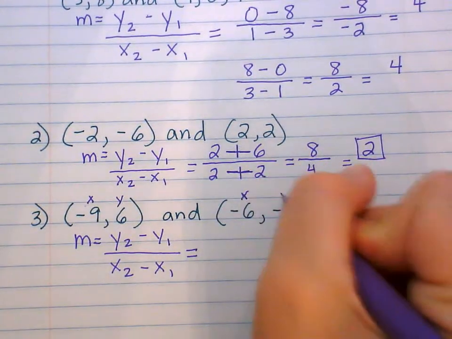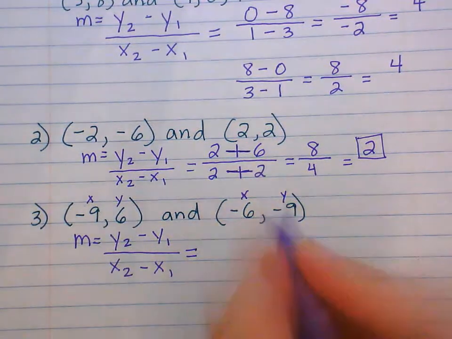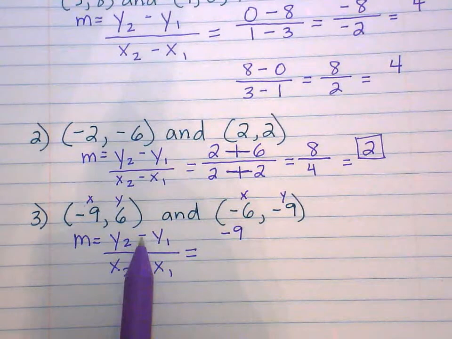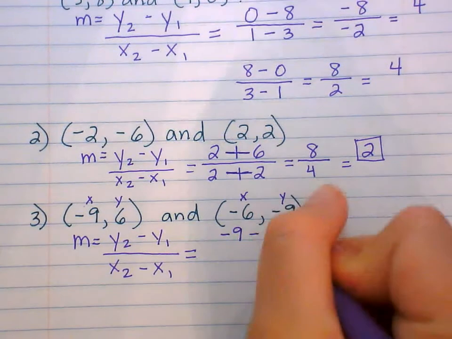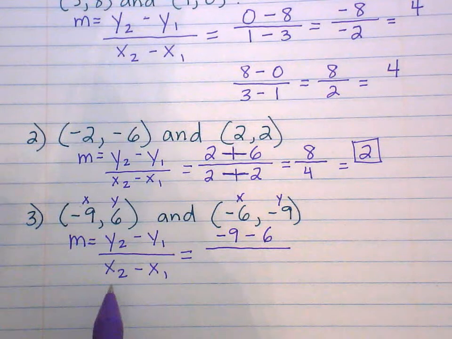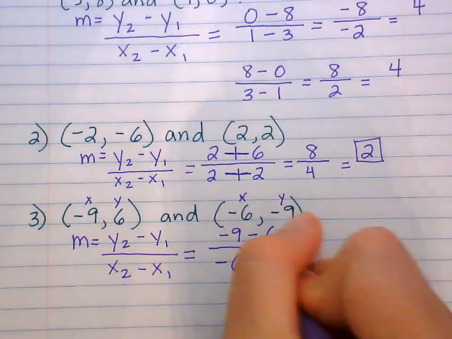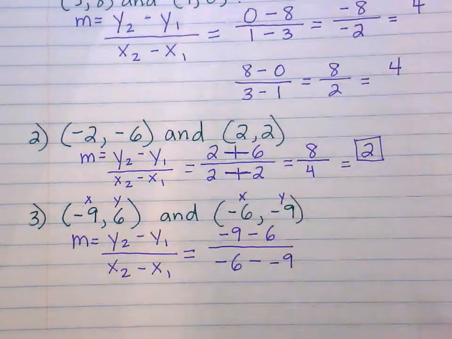This is my second x, my second y. So take the y value of the second pair. Okay, write it down. So negative 9 minus the y value of the first pair, which is 6, over the x value of the second pair, negative 6, minus the x value of the first pair, which is negative 9.